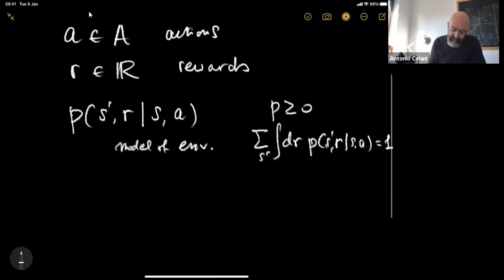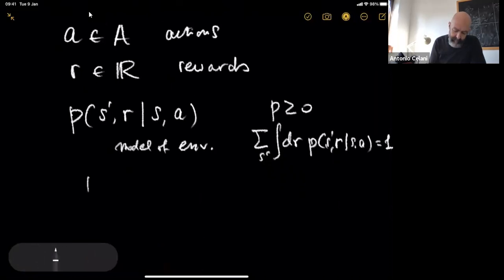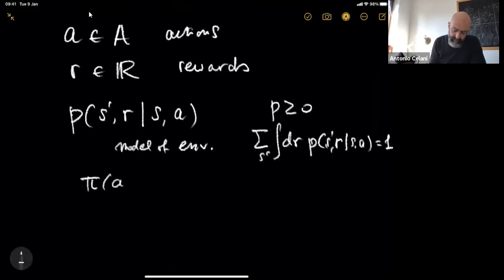And then we have a policy. This policy is a family of probability distributions. And in the following, we will actually consider a generalization of this in the sense that the family will be possibly time dependent.